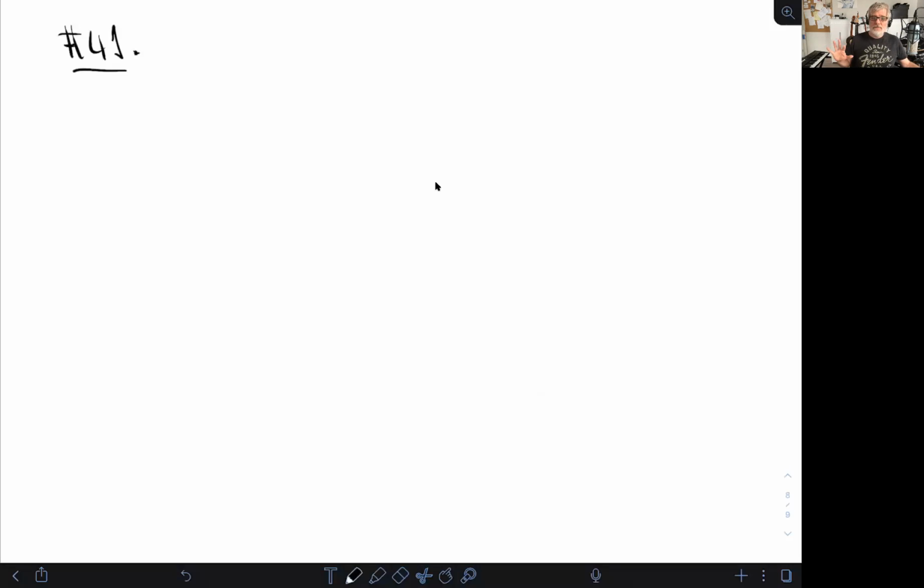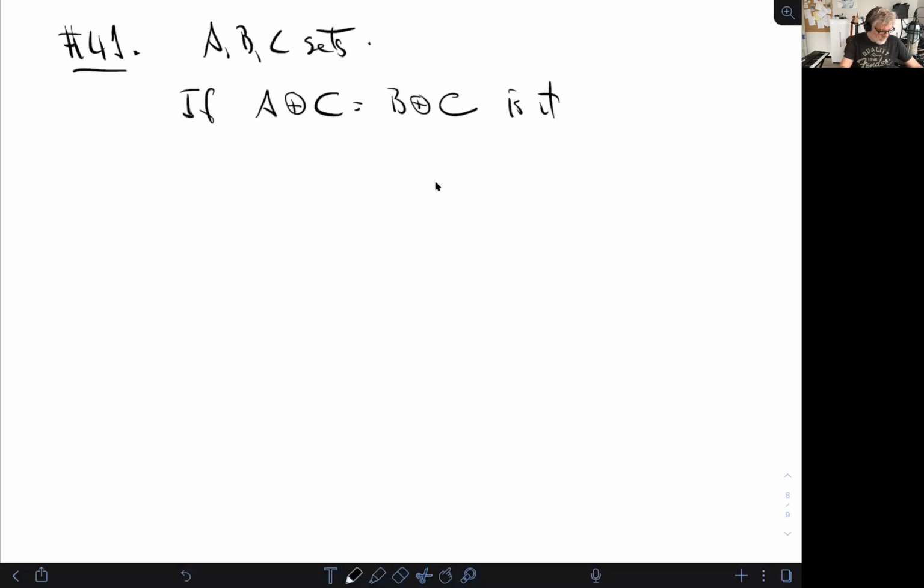Okay, so we're given 3 sets, A, B, C are sets. And the question is this: if A plus C equals B plus C, is it true that A equals B?